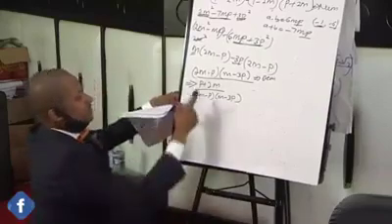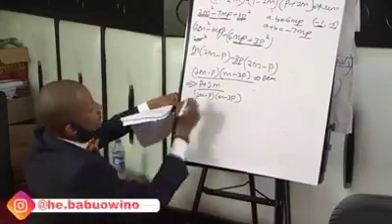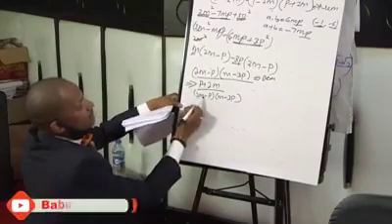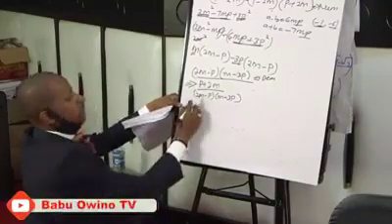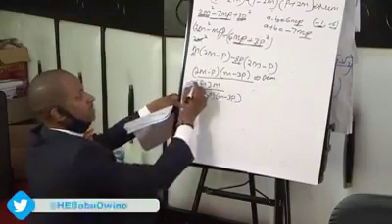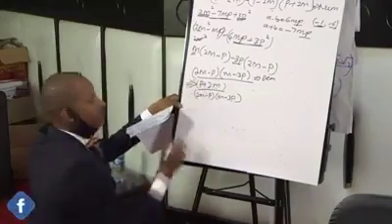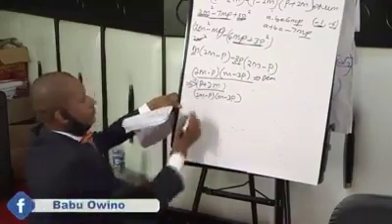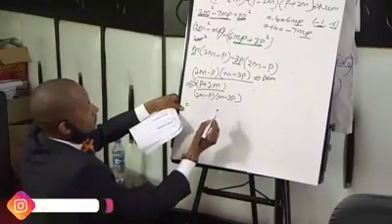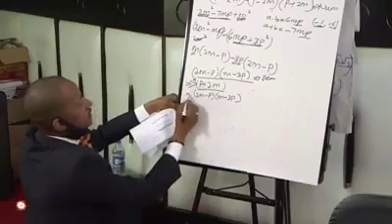From this, we want to simplify further. So how do we simplify it? We have p plus 2m, but here we have 2m minus p. We can make this be equal to this by multiplying the upper part and the lower part by minus 1.